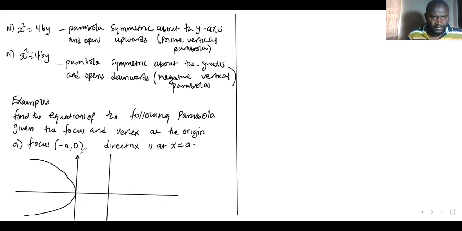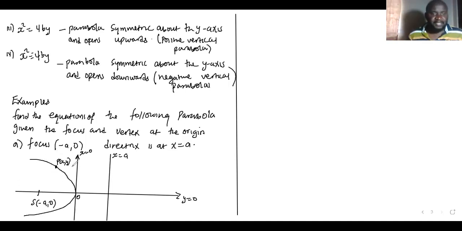This is the y-axis where x is 0. This is the x-axis where y is 0. This is the directrix where x is equal to positive A. This is the origin. So we have the focus at negative A, 0. Then the variable point P is here, which is xy.